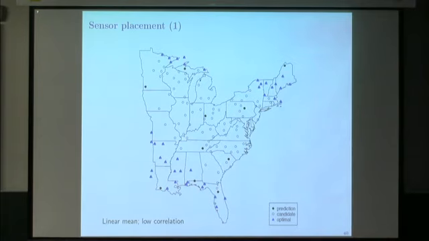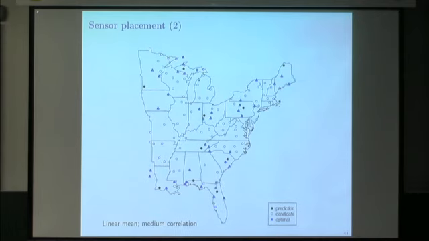So again, the open circles are the candidate points, the blue are the optimal, and the black circles are the points that we want to predict. If we have low correlation, the optimal stations are at the boundaries of the region, so we don't have any points in the center of the region.